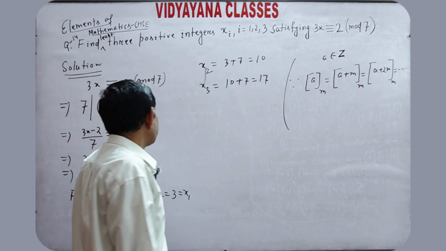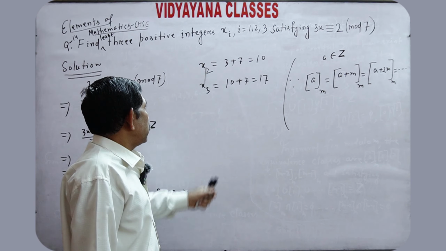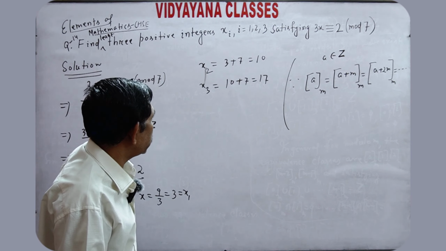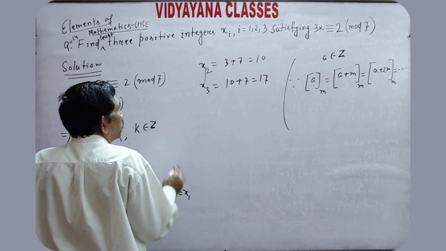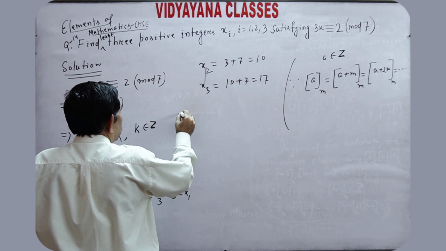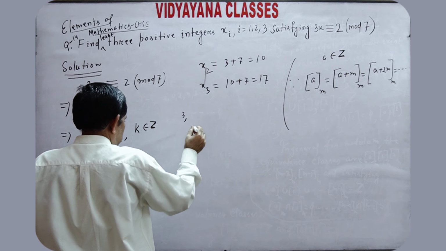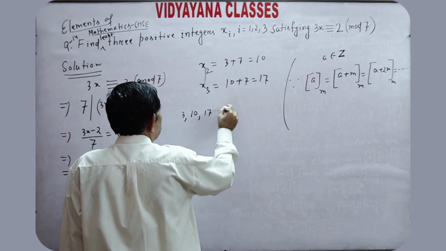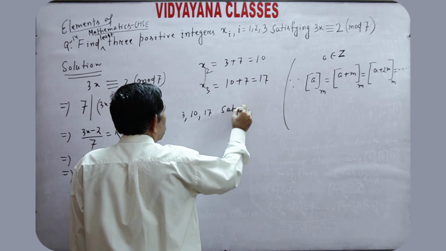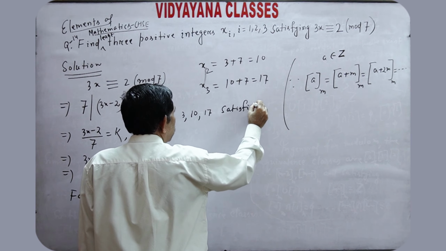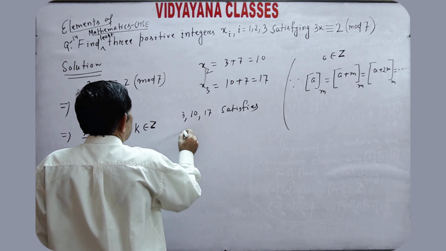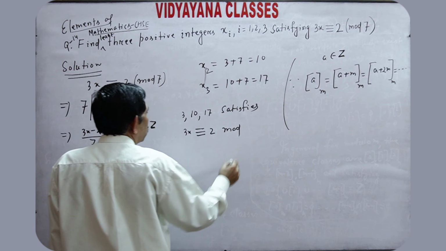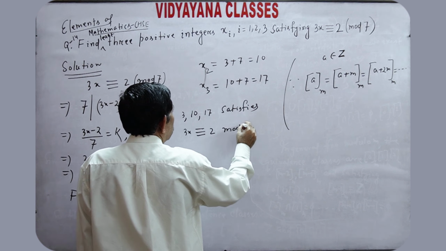That is equal to 3 plus 2 into 7, that is equal to 17. 3, 10, 17 satisfies 3x congruent to 2 mod 7.